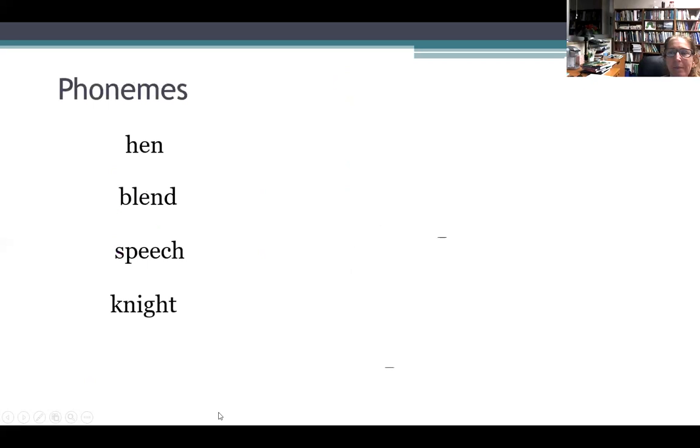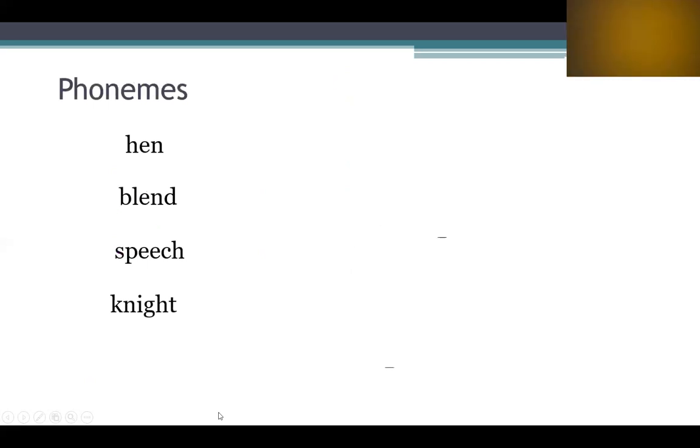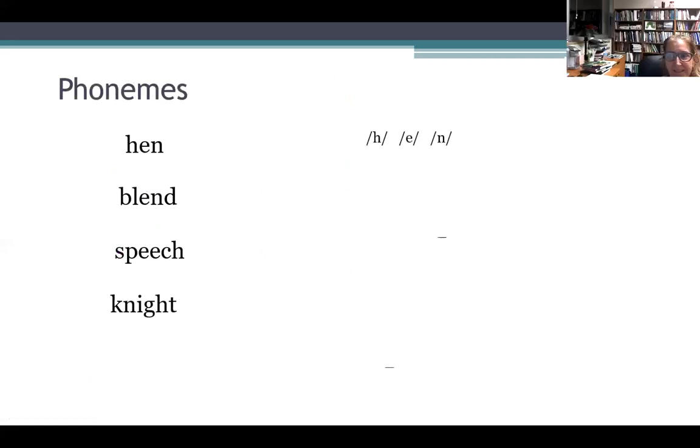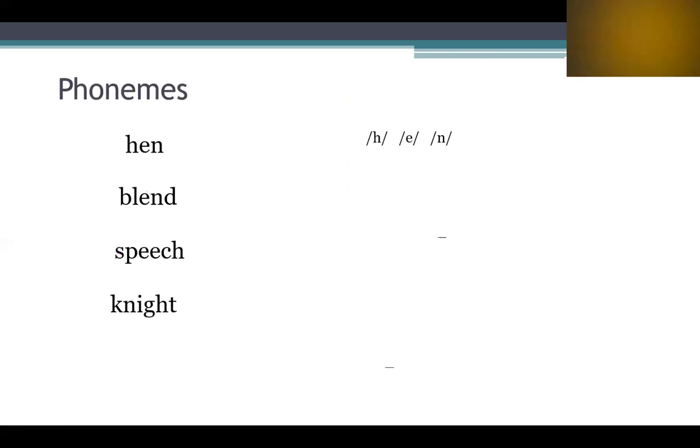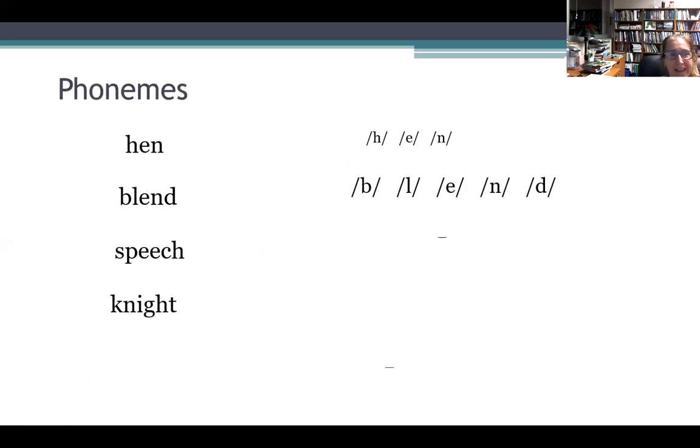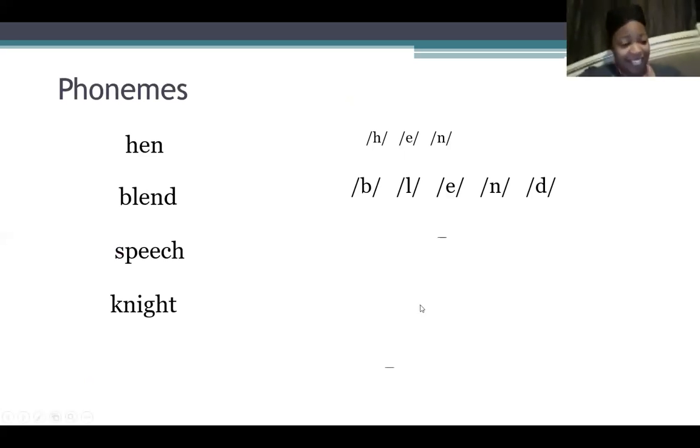Okay, phonemes. How many in the first word? In. 2. Huh? 3. Oh, 3. The next one. End. 3. B, O, L, 4. And 5. Yikes. You can see my screen, right? Yes. Speech. 4.